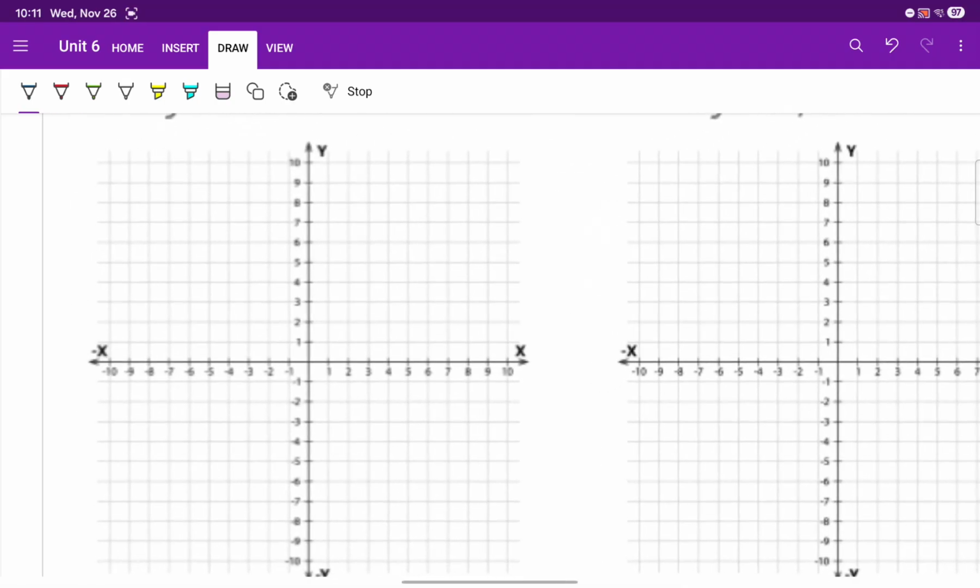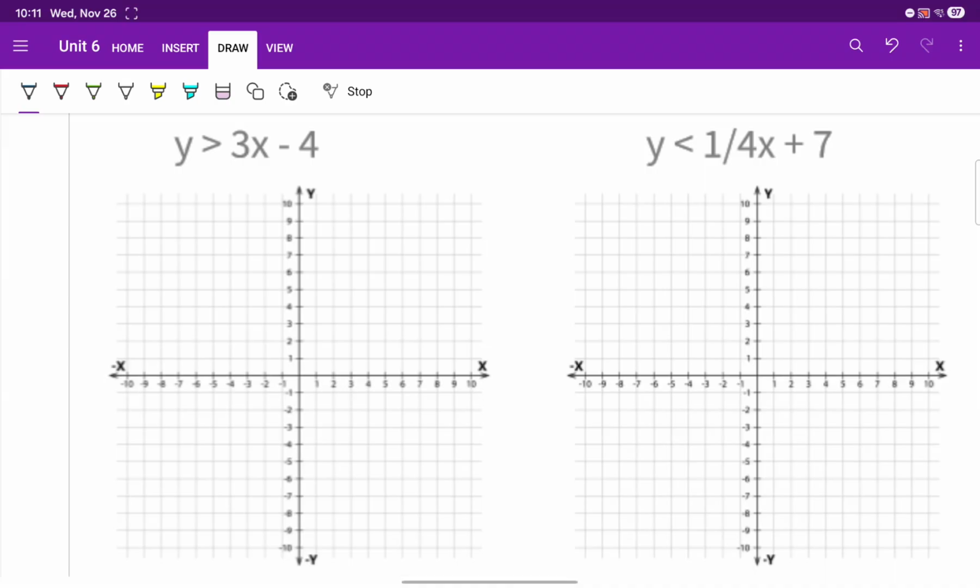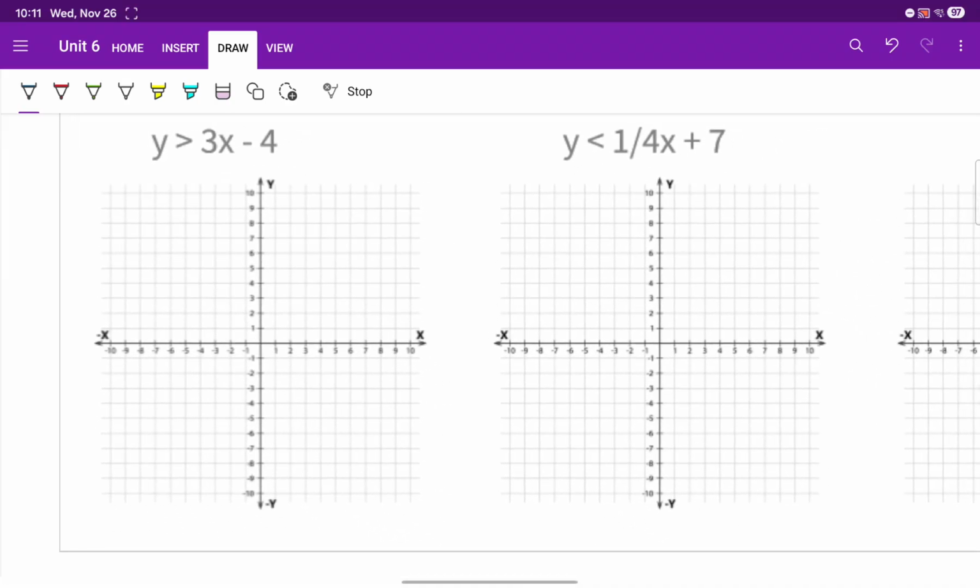In the first one, my very first thing is I have my line. It says my graph is 3 over 1 x minus 4. So I'm going to start at negative 4 and go up 3, right 1.